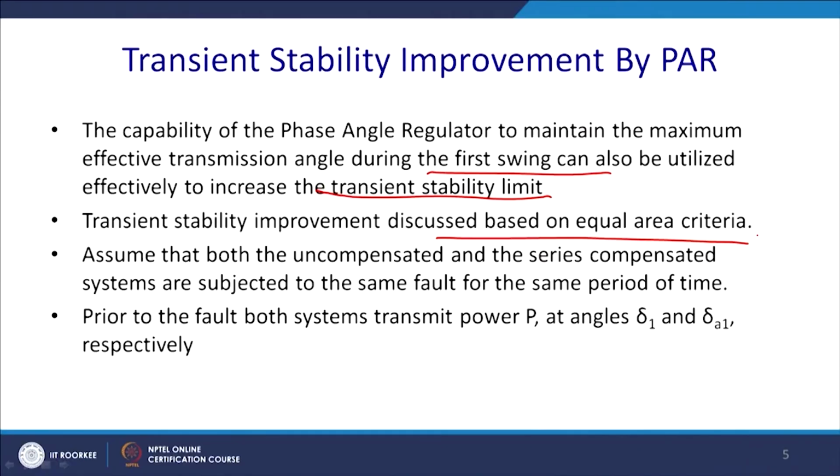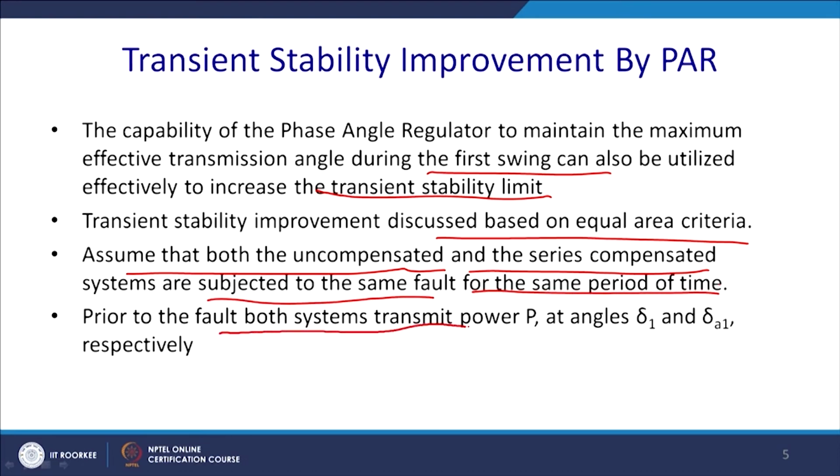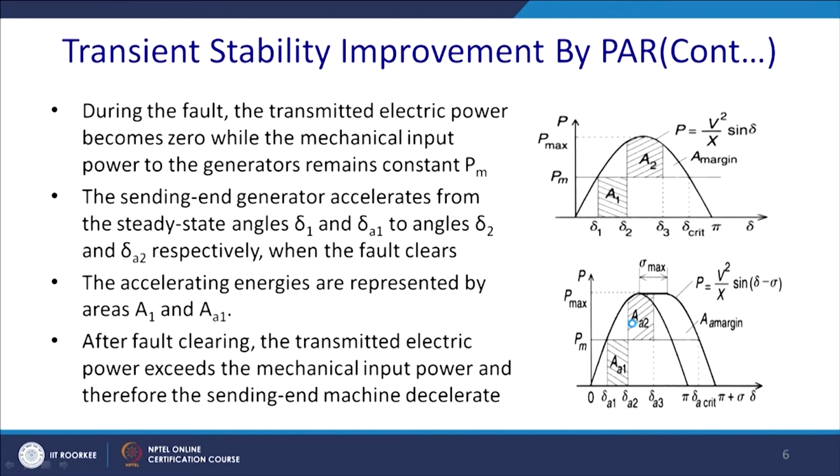And let us take the same equal area criterion and assume that both the uncompensated and the series compensated systems are subject to the same fault for the same period of time. Prior to the fault, both systems transmit power at angles delta 1 and delta 2 respectively. Let us refer to the figure. So, this is the equal area criterion for the uncompensated one.